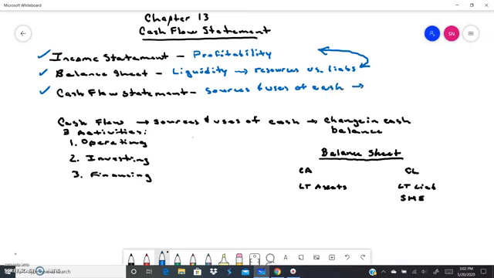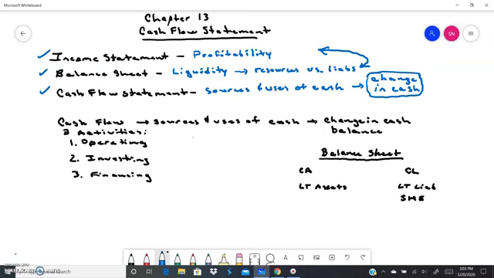In other words, what was the change in the cash balance from one period to the next? So that's really what the cash flow statement is intended to address.